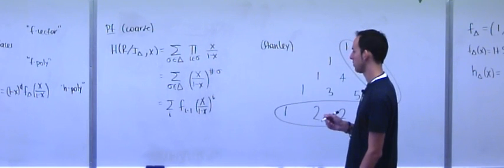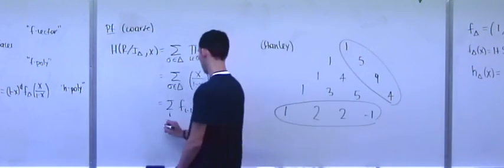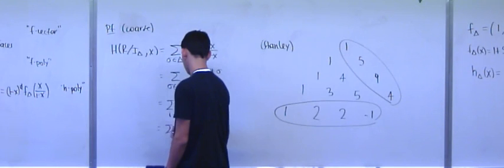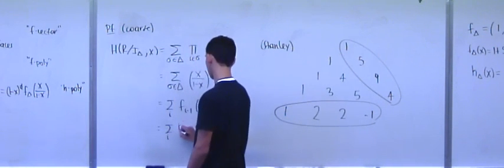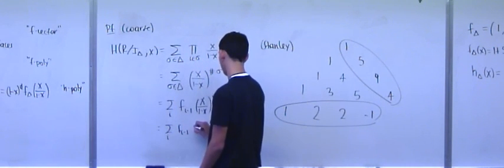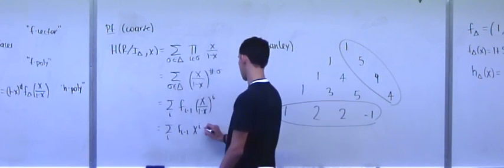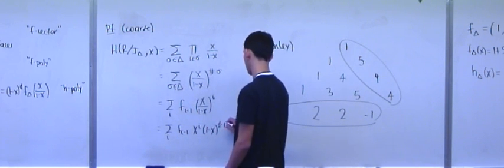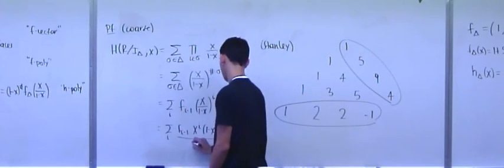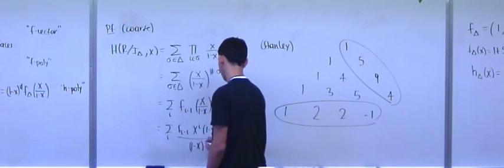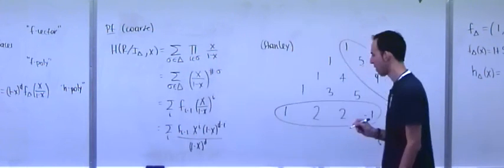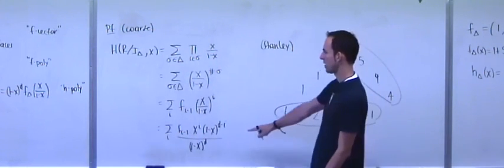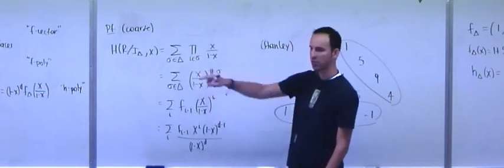And then I just say that if I want to put a common denominator, then that common denominator is going to have to be 1 minus x to the d. And so I have to do this. And this is exactly my H polynomial by definition.